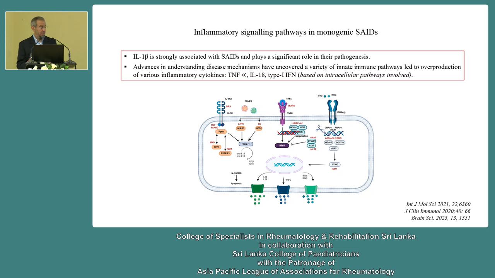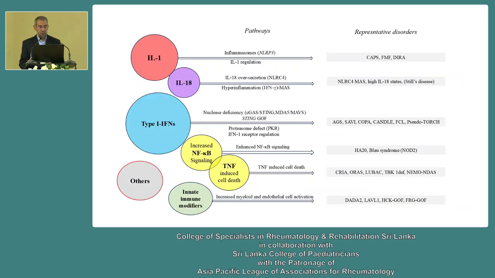So this figure summarizes the genetic defects and related pathomechanisms and inflammatory signal pathways in systemic autoinflammatory disease, including the inflammasome platform and related interleukin 1 and tumor necrosis factor activity, as well as type 1 interferon. This figure shows the main pro-inflammatory cytokines, including interleukin 1, tumor necrosis factor, and interleukin 18 and others.